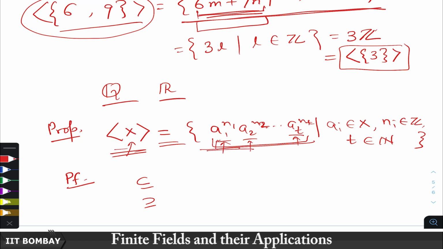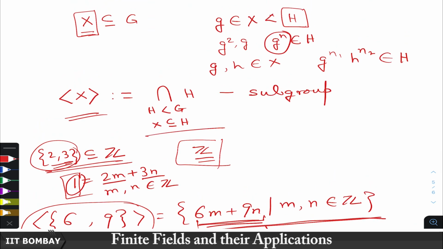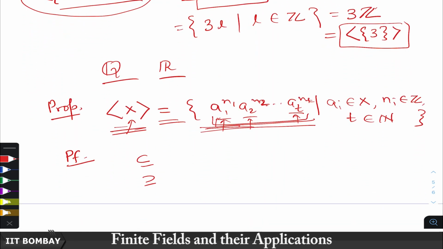So, how do you show the subgroup is contained in this? You can check that this is a subgroup that contains all the elements of X. So, it is one of the sets in the definition of the subgroup generated by X, here H. The right hand side is one such H. So, the intersection will clearly be contained in the right hand side, and this is quite easy to see, because you just take A1 to be any element in X, with t equal to 1 and N1 equal to 1 as well, then every element in X is there in this set.